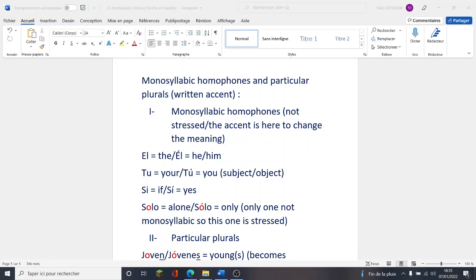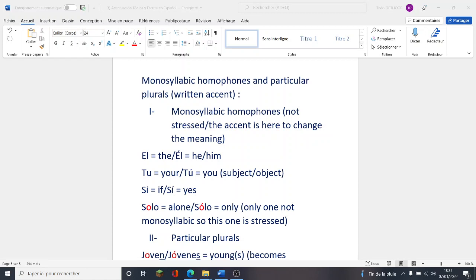So let's focus on some of them that I've chosen for you. The first one is el, which means the without the written accent, but with a written accent, it means él, as he or him. And in this case, el and él are the same. Basically, you don't have a different pronunciation, because in this case, we have monosyllabic words.